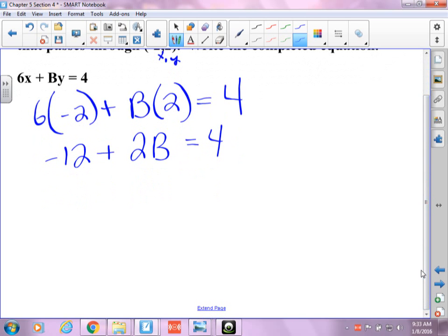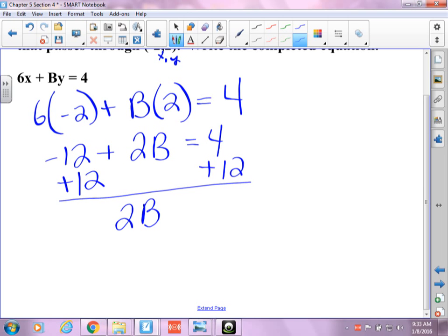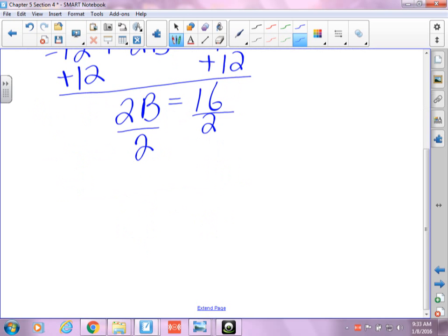All right, now what? Add 12. 2b equals, and then I divide by 2. B equals 8. Did I answer the question?